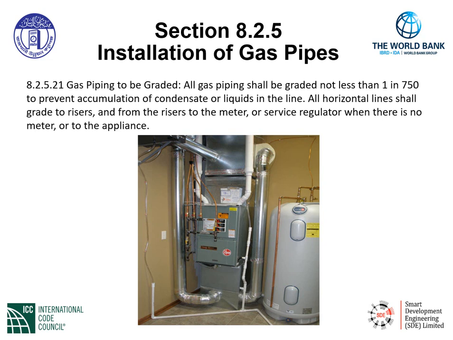Now, this is where we deal with condensation or liquids in the line, such as we may have wet gas being supplied, in which case we have to provide drips according to the code, or maybe even according to manufacturer's installation instructions.